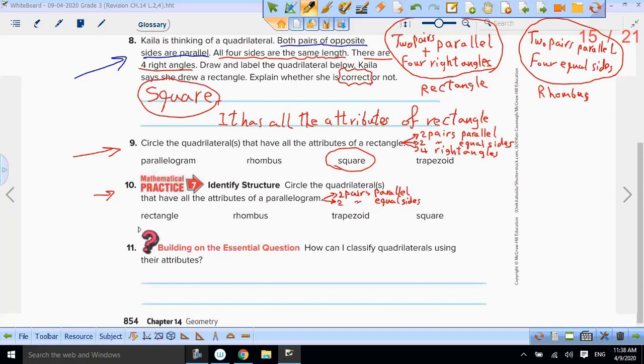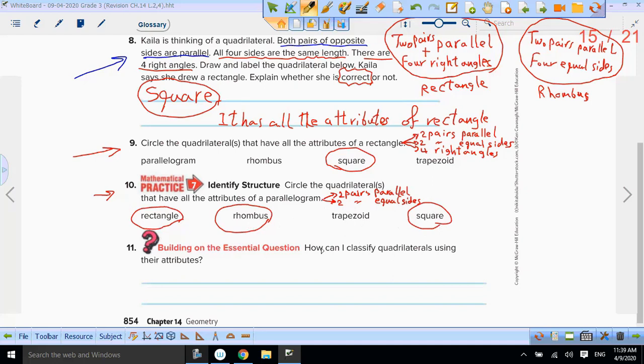Does a rectangle have these attributes? Yes. Does a rhombus have all of these attributes? Yes. A rhombus has two pairs of parallel sides and also two pairs of equal sides, because all four sides of the rhombus are equal. Trapezoid? No. A trapezoid has only one pair of parallel sides. Square? Yes. A square has all of these attributes.